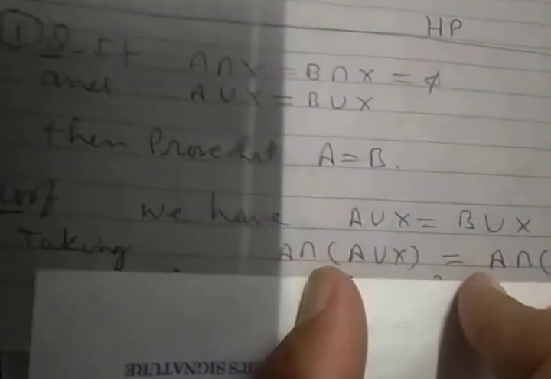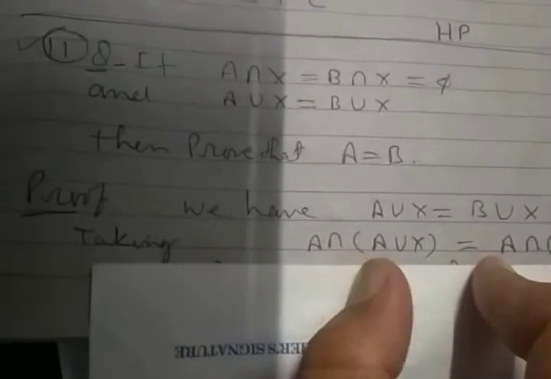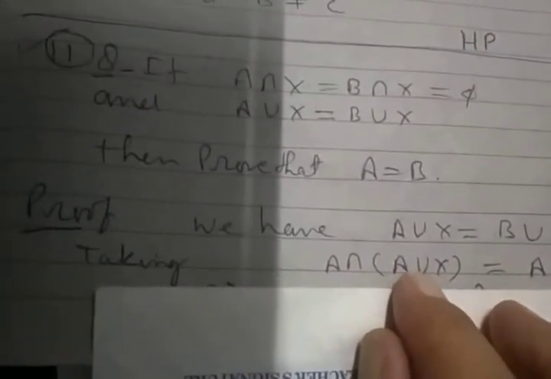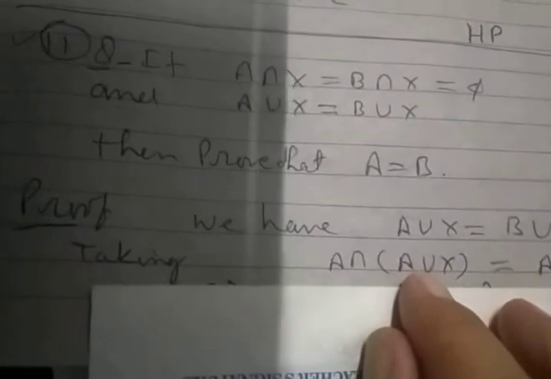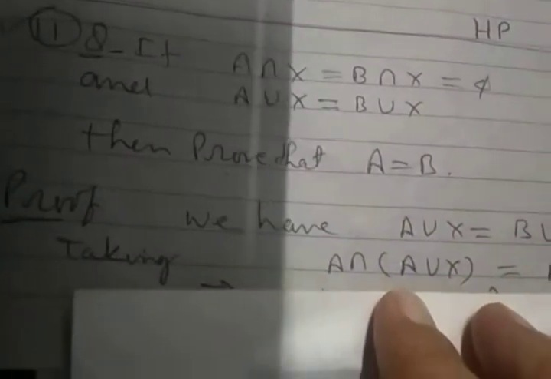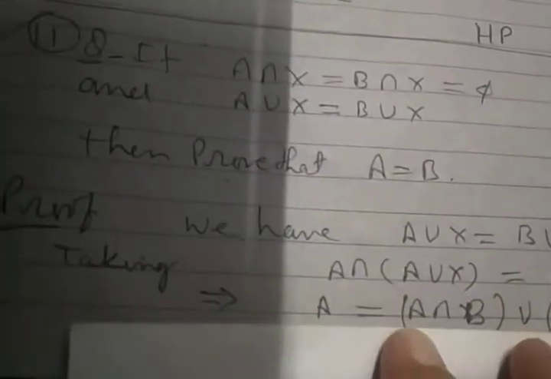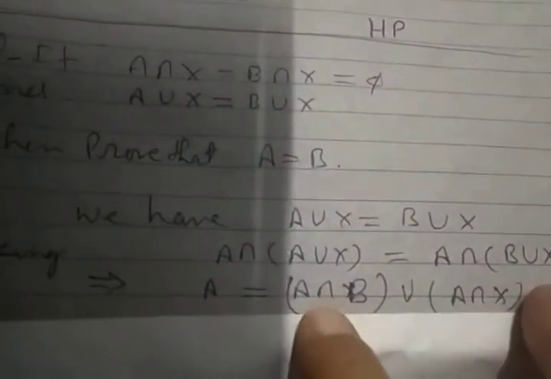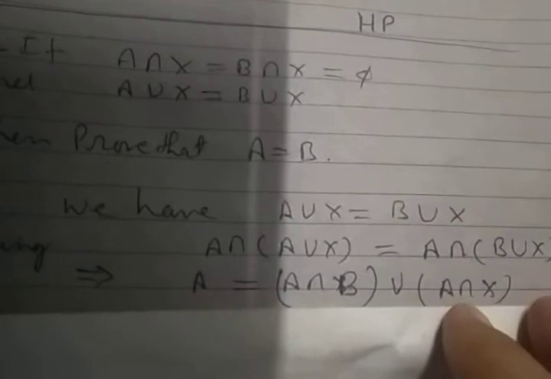Now we apply the distributive property. Here A union X is the union of A and X, so when we intersect it with A we will get A only. We have already proved this result. So this will become A, and applying the distributive property on the other side, A intersection B union A intersection X.